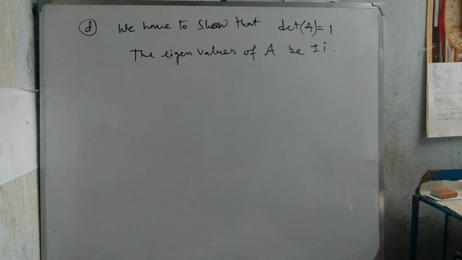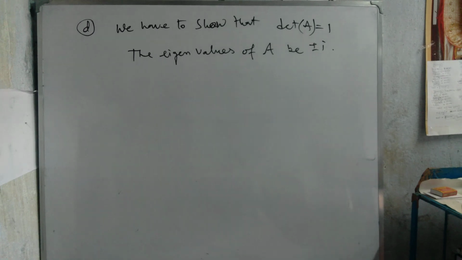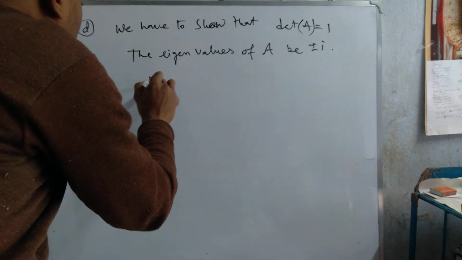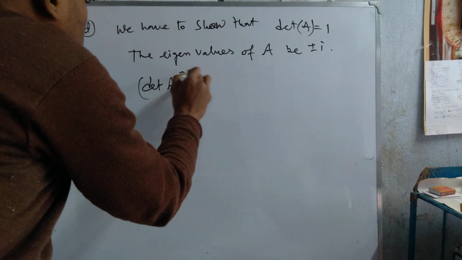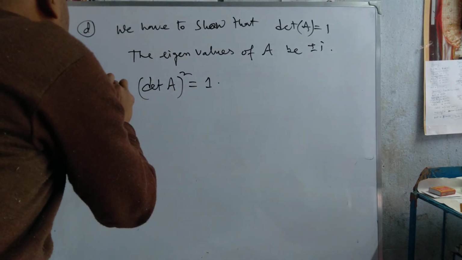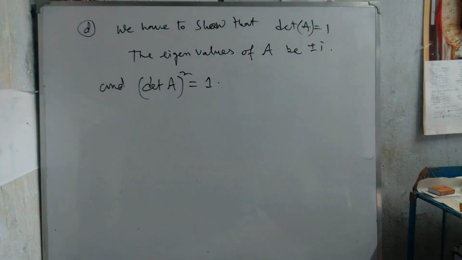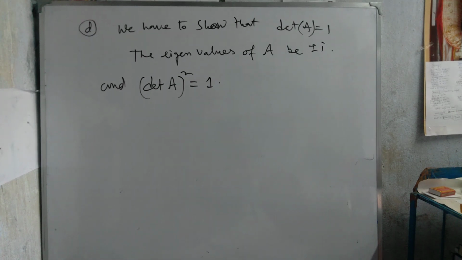A is an n cross n matrix, so how many times i and minus i are repeated, we do not know. And we know that det A square equal to 1. In the previous problem we also found that det A square equal to 1.